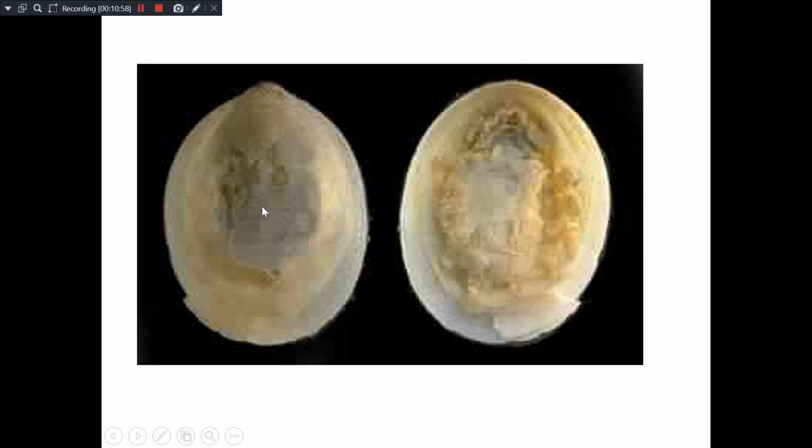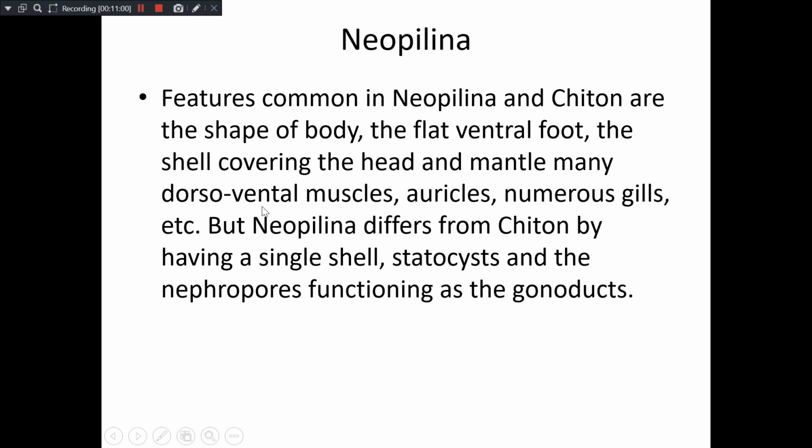See, this is how it appears. There are certain features which are common in Neopilina as well as in chiton, especially the shape of the body, flat ventral foot, and the shell which is covering head and the mantle, and many dorsoventral muscles, numerous gills, that shows relationship of Neopilina with the chiton.